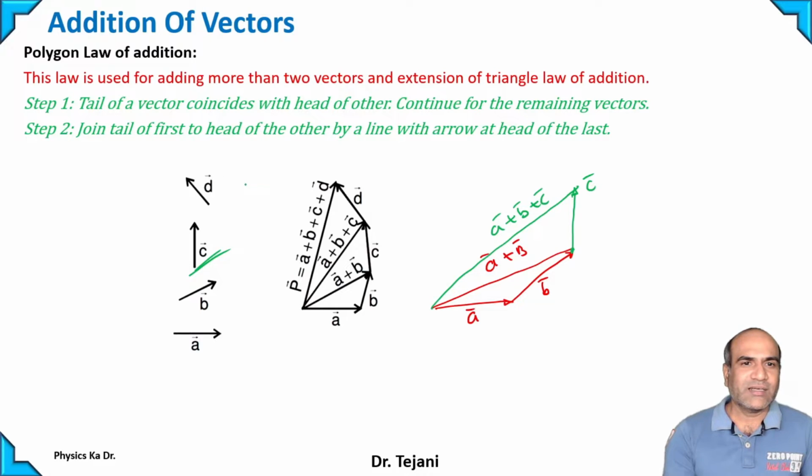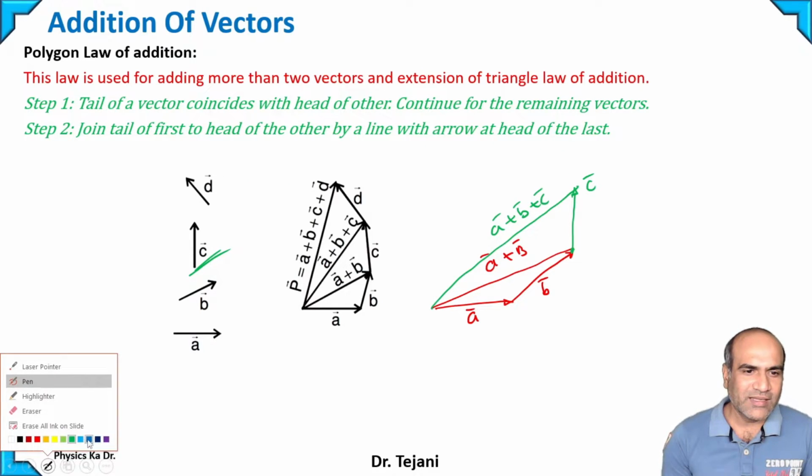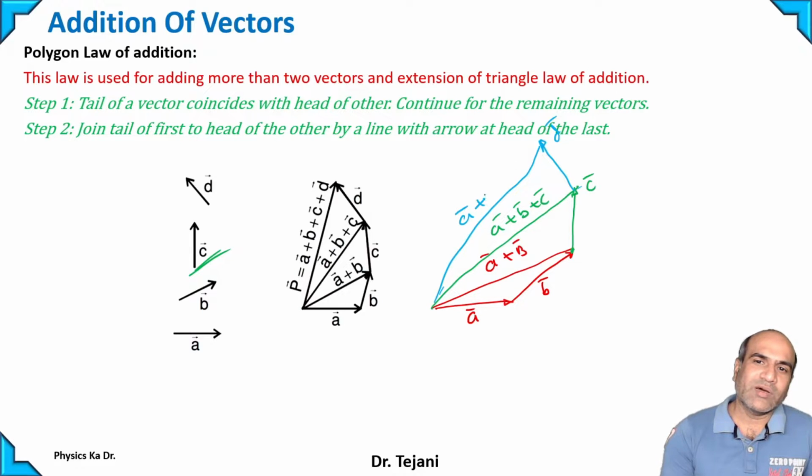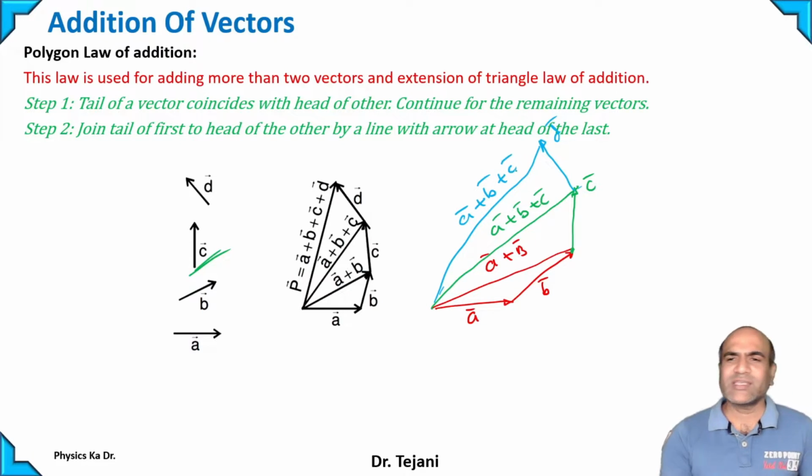And then what next? D. Join this D. Very simple, isn't it? Then it gives A bar plus B bar plus C bar plus D bar. So this is the polygon law, nothing else.